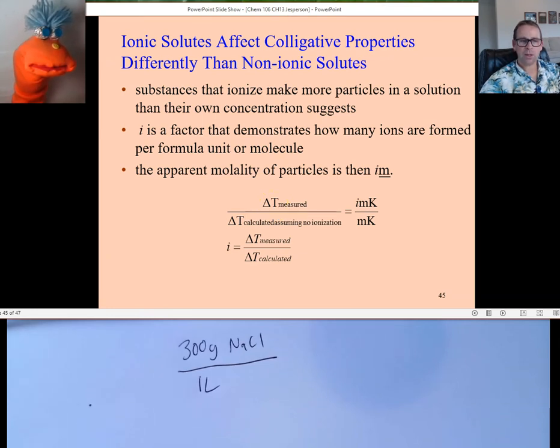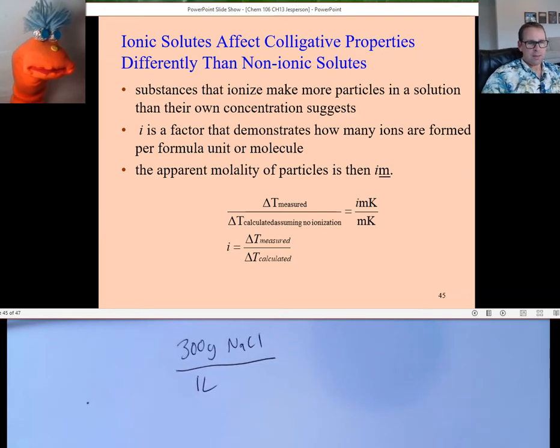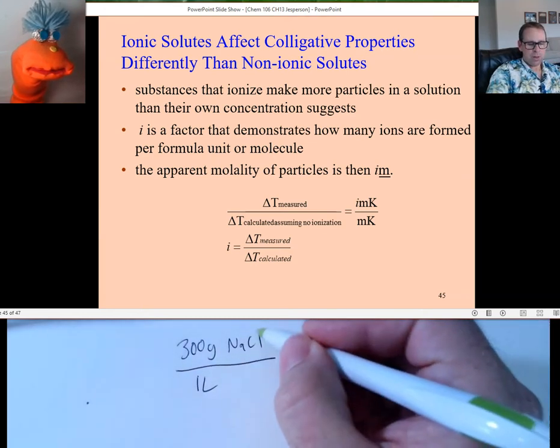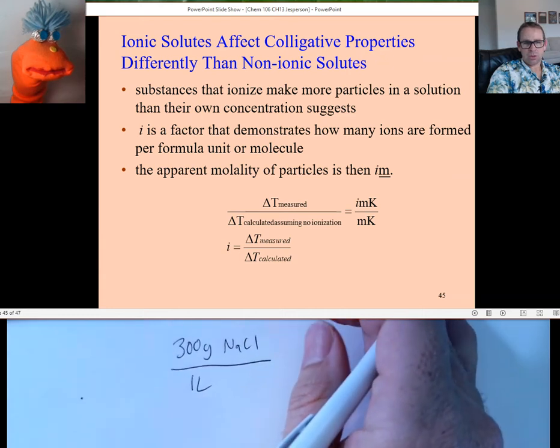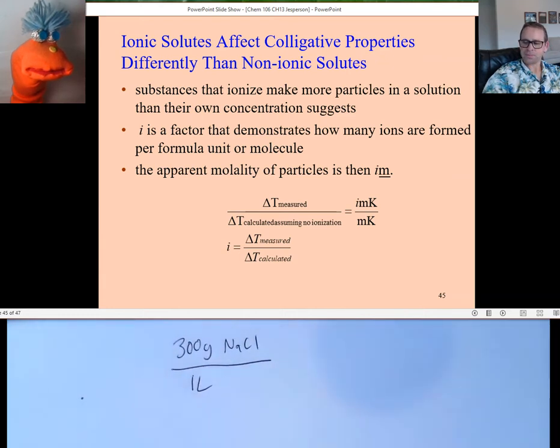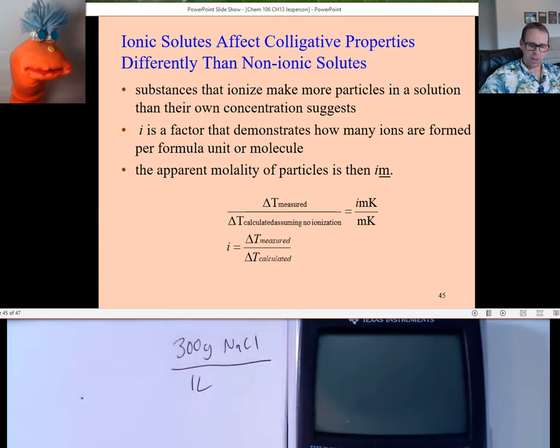Now, one thing that we didn't mention that we have to recognize is that if I put 300 grams of sodium chloride into solution, I could take that 300 grams divided by 58.44.